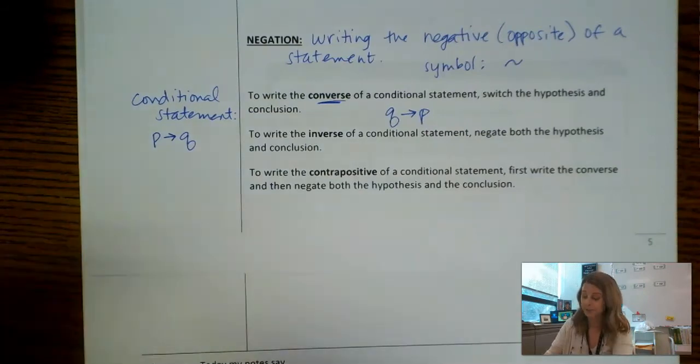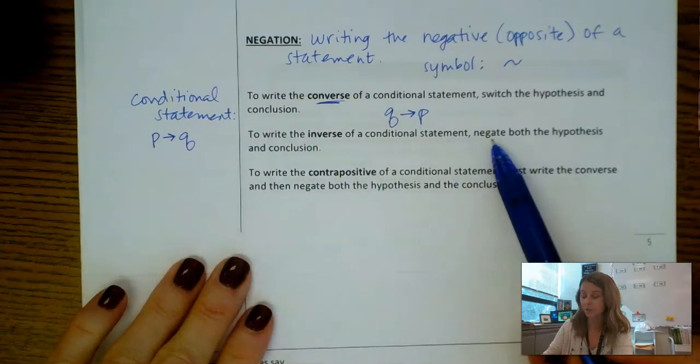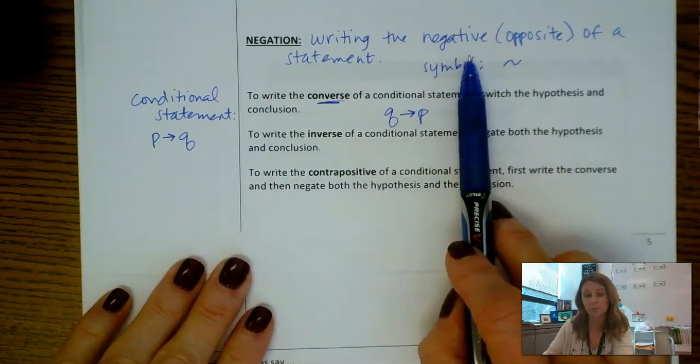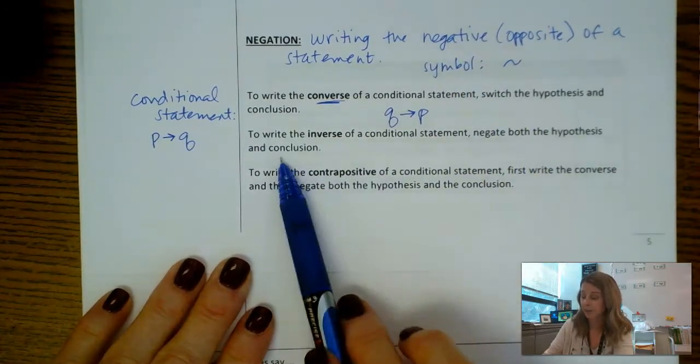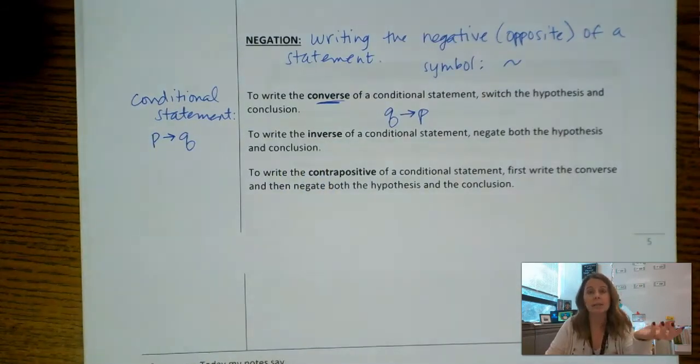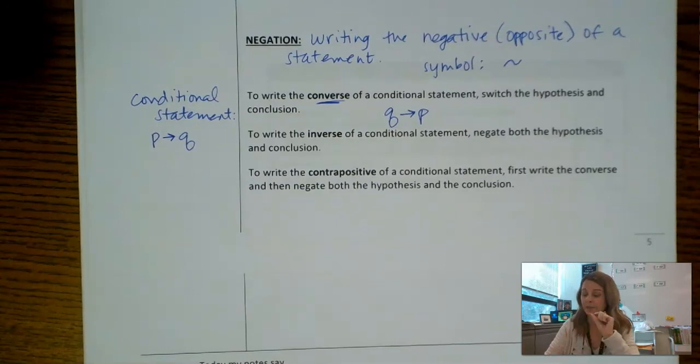Okay, for the inverse of the conditional, you're going to negate, which is what we talked about here, both the hypothesis and conclusion. So my example sentence, if today is Monday, then we have school. The inverse would say, if today is not Monday, or if today isn't Monday, then we don't have school.